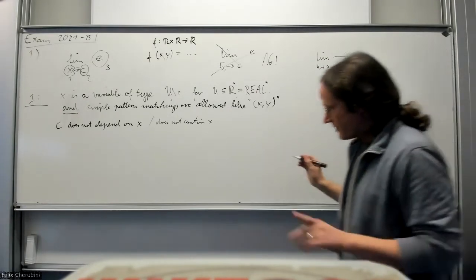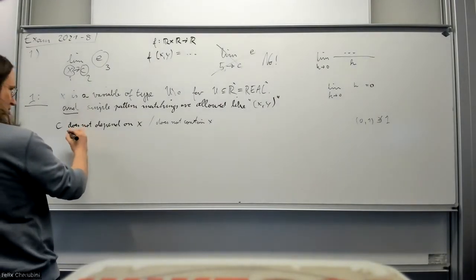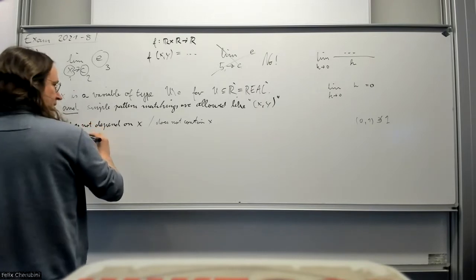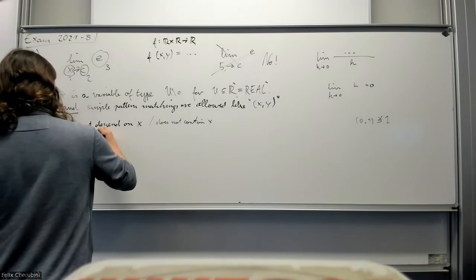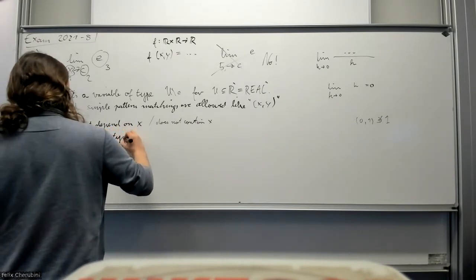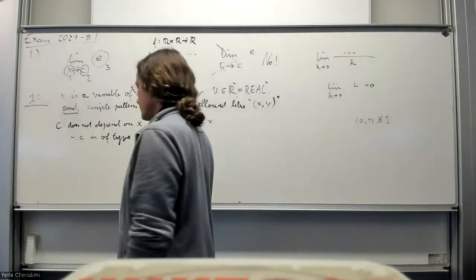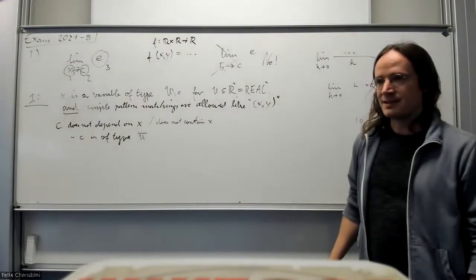Yes, so there are two ways to say this, I guess, which are the most basic ones. One is: C is of type closure of U, but I don't know if you know this notation or what it means.